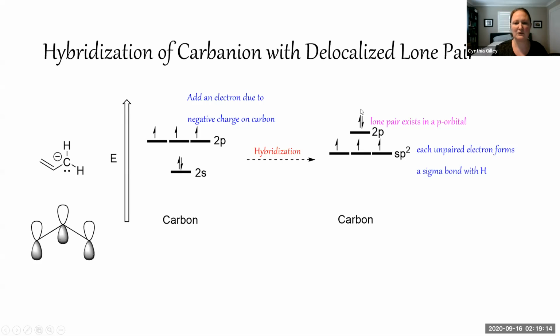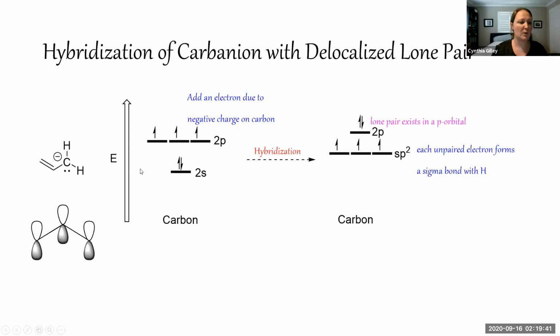It looks like, why would you have the electron higher in energy than it possibly could be if it was down here? The answer is, it might appear that it's higher energy, but it's not, because it's not stuck in this orbital. It's delocalized over a series of overlapping p orbitals. So it's not localized in this 2p orbital, but instead delocalized, and that makes it more stable.